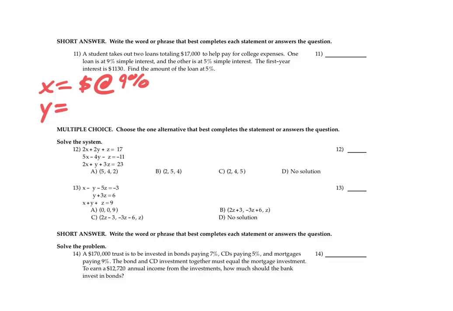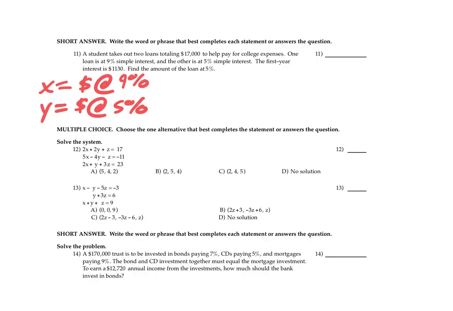It doesn't matter which one's X and Y. But I do want to identify which one's which, so when I get my answer at the end, I know that the X represents the 9% and Y represents the 5%, because the only thing we're looking for here is the 5% one. We're not asking for both. When we get an answer, we'll know both, but they're only asking us for the 5% one.